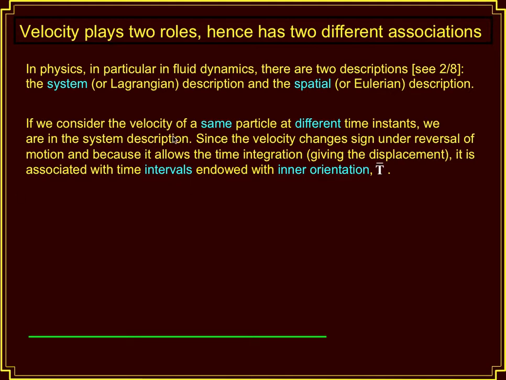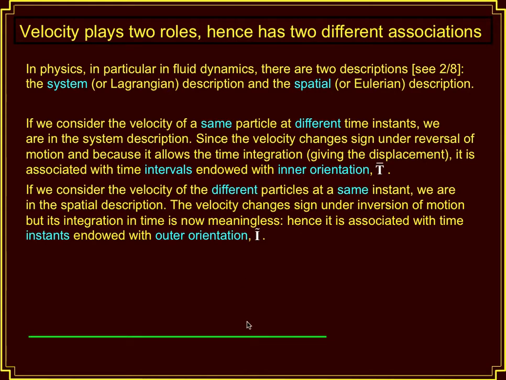If we consider the velocity of the same particle at different time instants, we are in the system description. Since the velocity changes sign under reversal of motion, and because it allows the time integration, giving the displacement, it is associated with time intervals endowed with inner orientation.